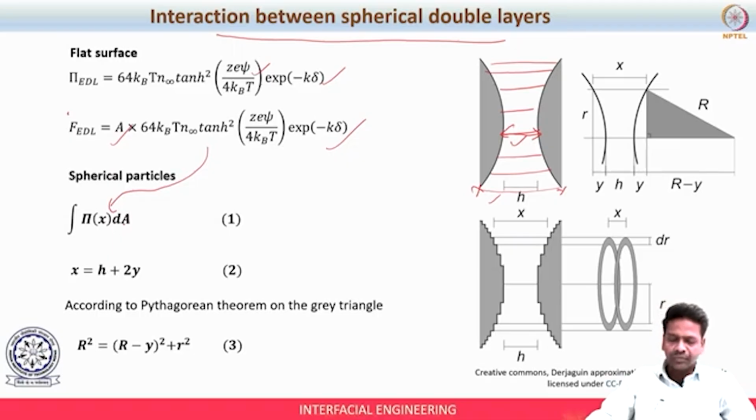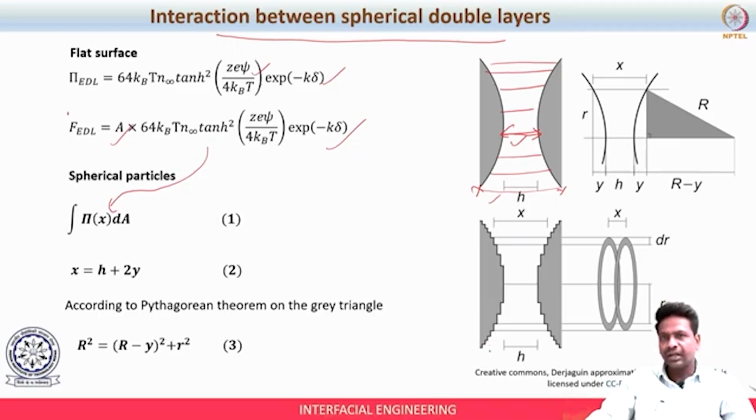Now the question is, how can we use this equation as it is for this spherical double layer? It's very simple. What Derjaguin did is, he broke the curved surface into several tiny flat surfaces. For example, imagine you have infinitesimally small, very tiny flat surfaces, right.